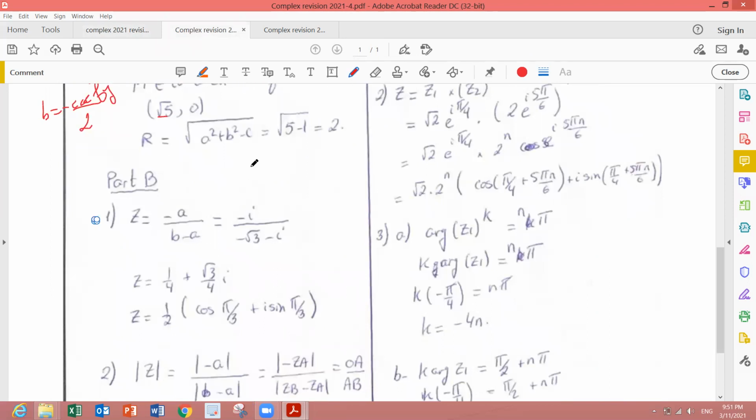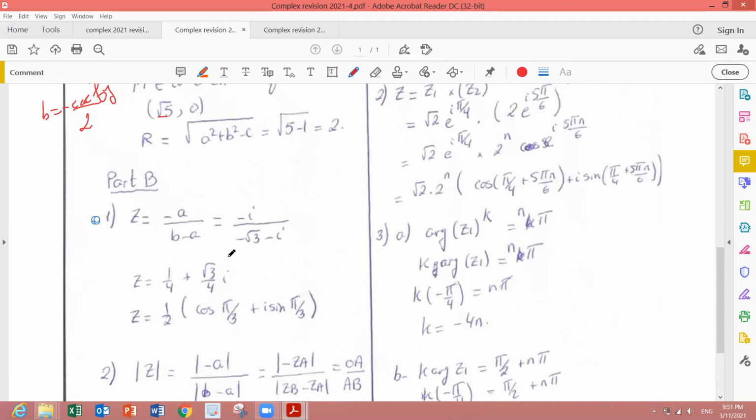Z equals minus a over b minus a. Minus a is minus I over minus radical 3 minus I. We replace a by I, b by minus radical 3.